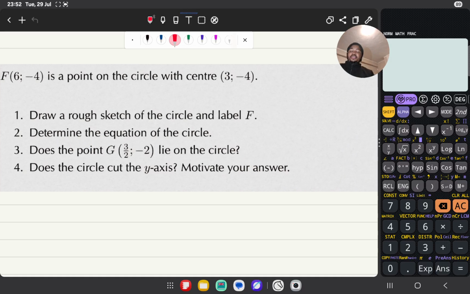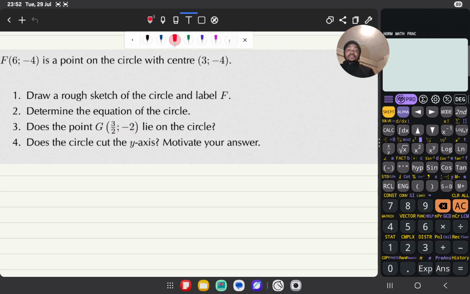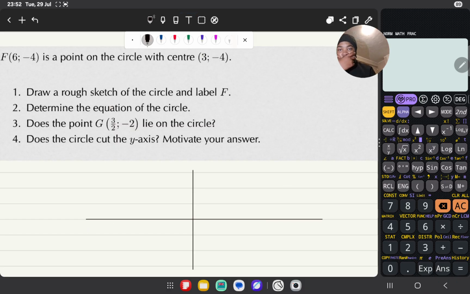F is a point on a circle with a center. Draw a rough sketch of the circle. Okay, so let's draw the circle. So where is the center?